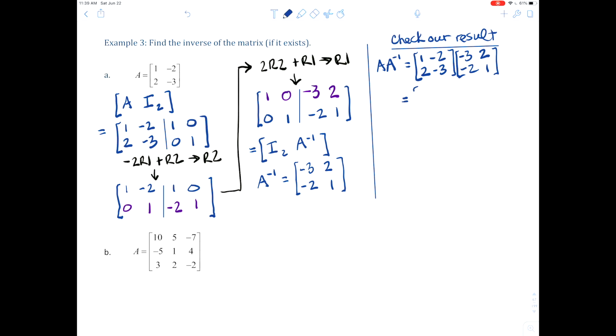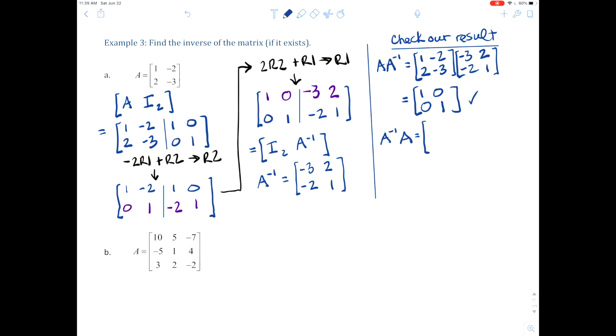So we'll have, let's see, 1 times -3 is -3 plus 4 is 1. And then we'll have 1 times 2 is 2 minus 2 is 0. Now starting on the second row of A, 2 times -3 is -6 plus 6 is 0. And then 4 plus -3 is 1. So that checks. And now let's check A inverse times A.